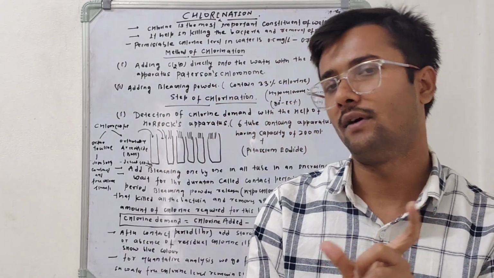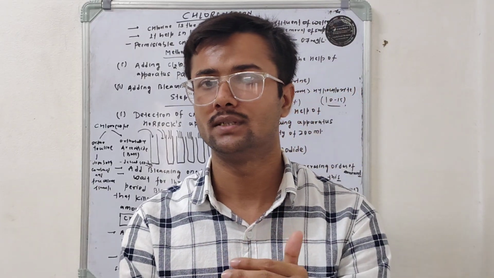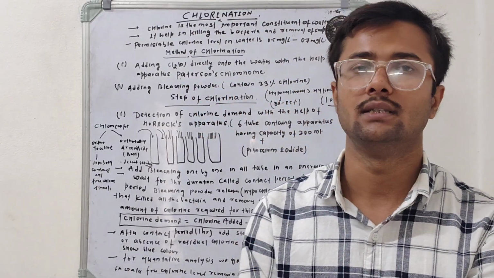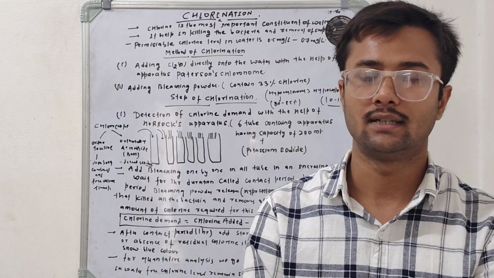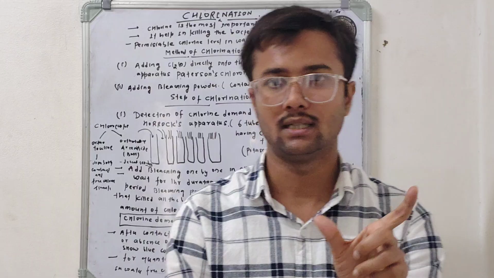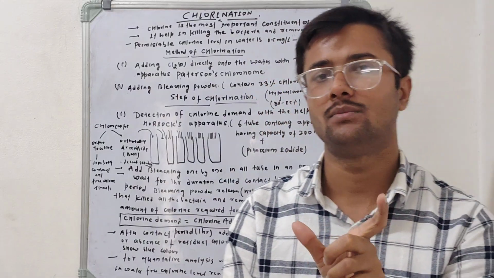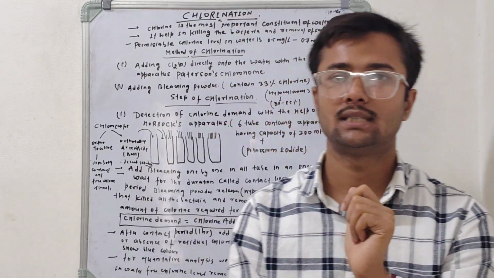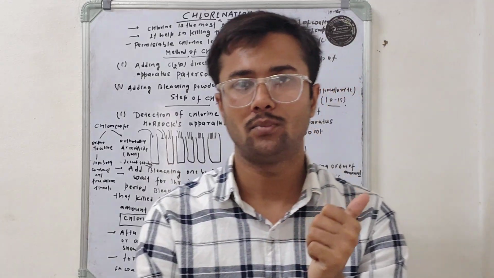If the water has an unpleasant taste, people are not interested in drinking such water. So we ensure that the residual chlorine range lies between 0.5 and 0.8 milligram per liter.